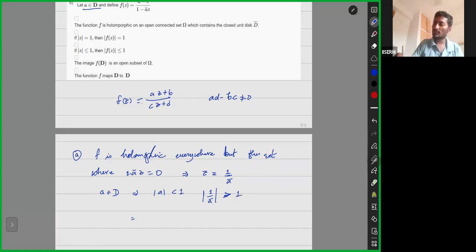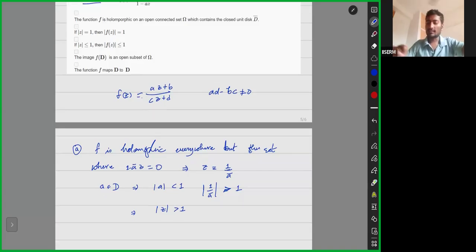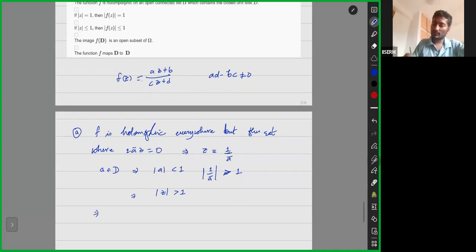This implies mod z is bigger than 1. So where is the problem? The problem is at the point 1 upon a bar, which has modulus bigger than 1. So there's no problem inside D. The problem is outside D, somewhere, at 1 upon a bar. Okay.